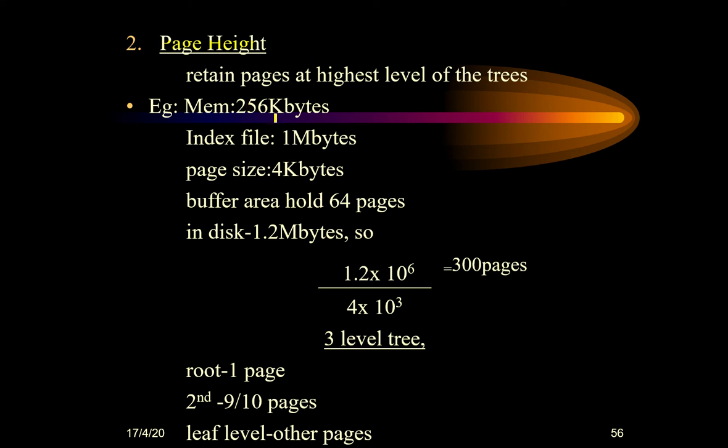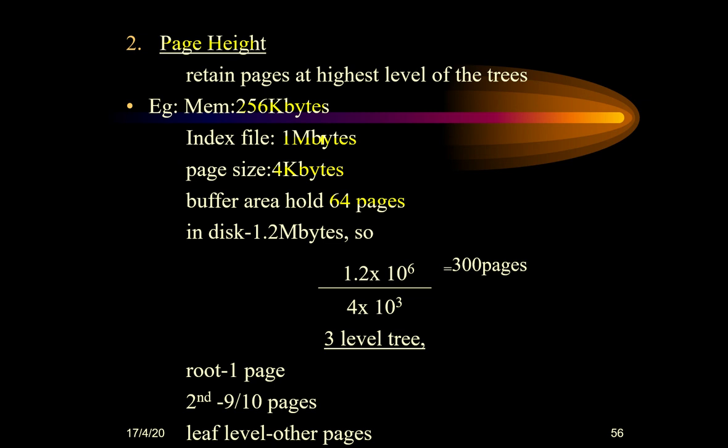For the same sum, the memory is 256 kilobytes and the index is 1 million bytes, the page size is 4 kilobytes, and the buffer is able to hold 64 pages. Now consider that I need to save 1 megabyte of data inside my memory.